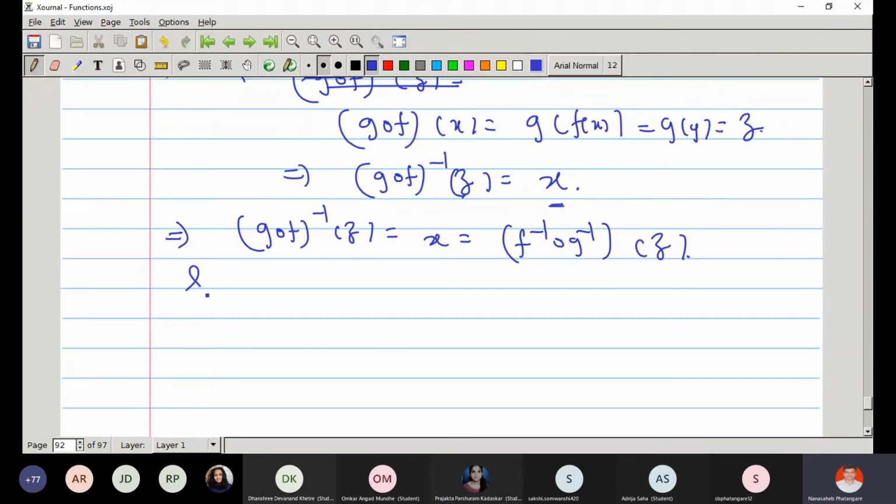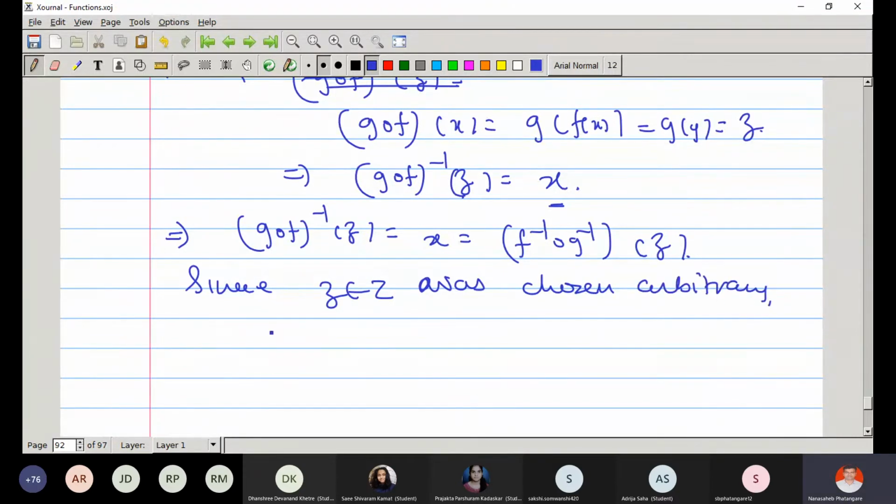And therefore, what is the condition? Since z belonging to Z was chosen arbitrarily, we did not select z in a biased way.